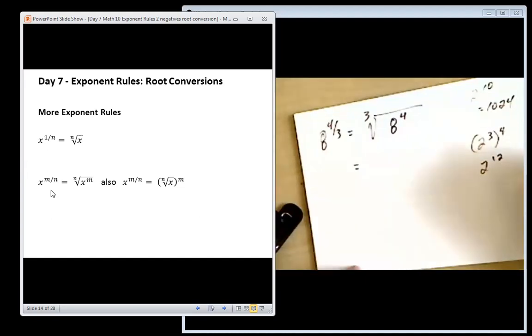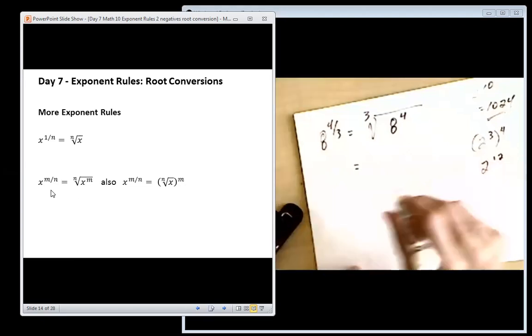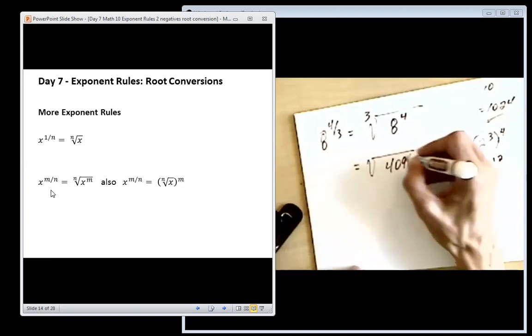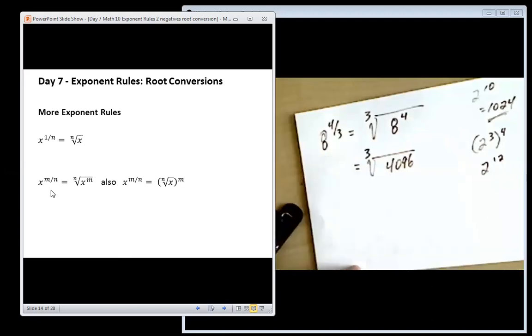Multiply these exponents together from yesterday. So I get up to 1024 and then times an extra little bit. So this ends up being 4096 under there. Cubed root of 4096.